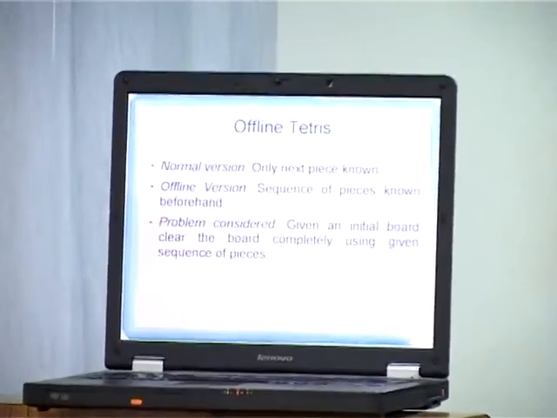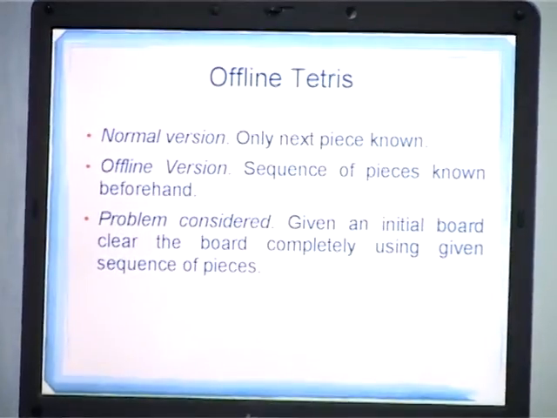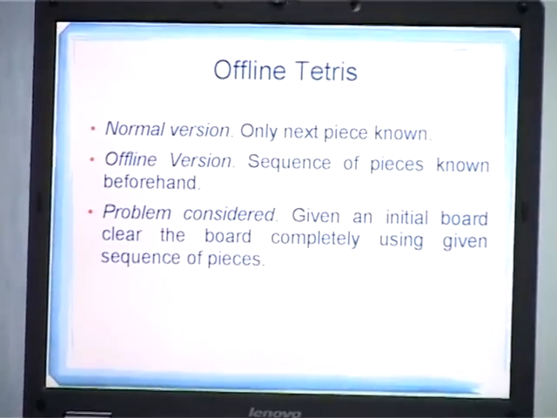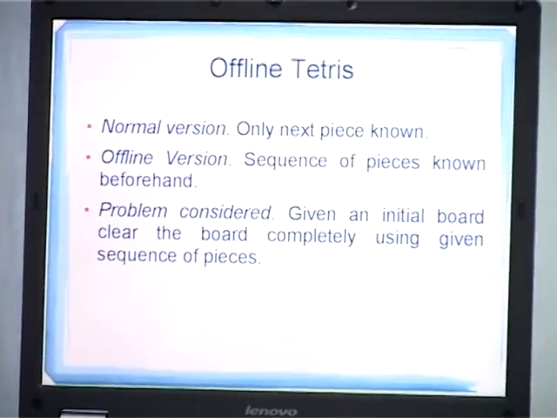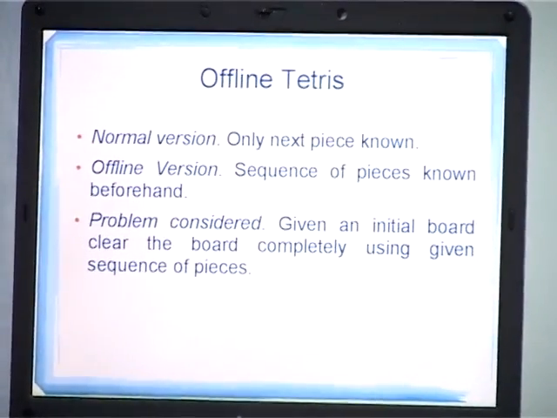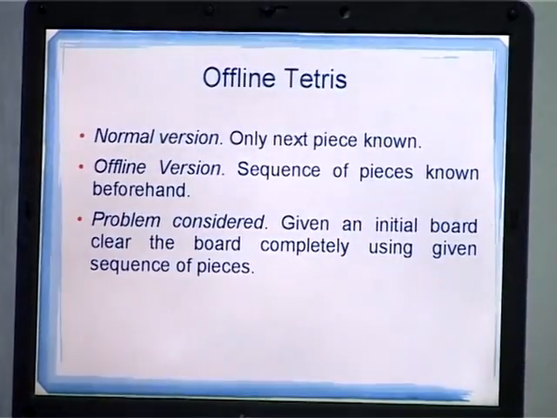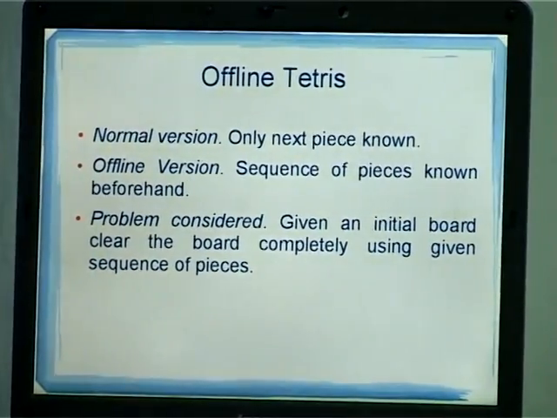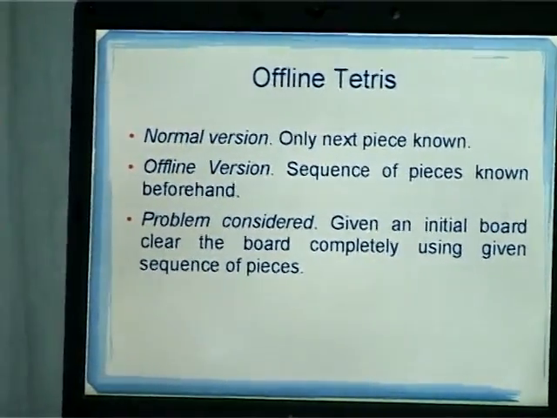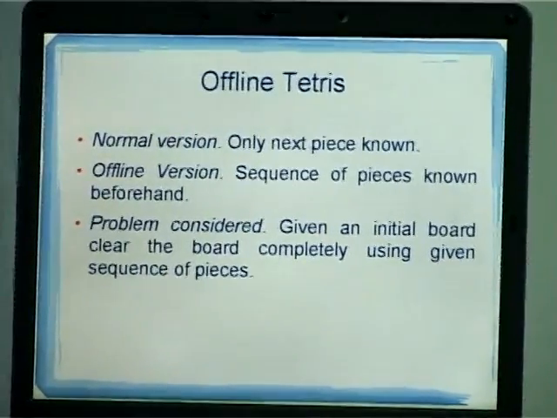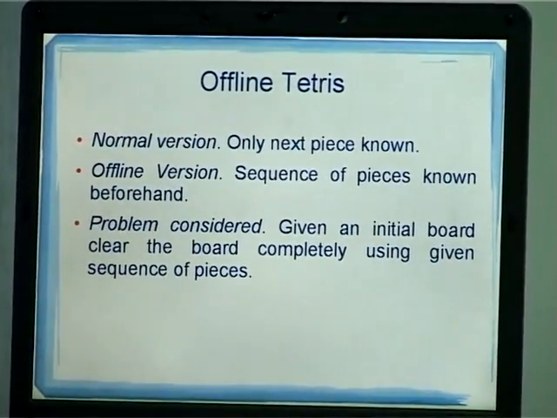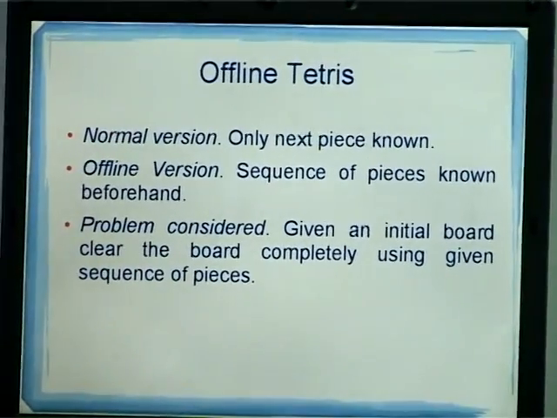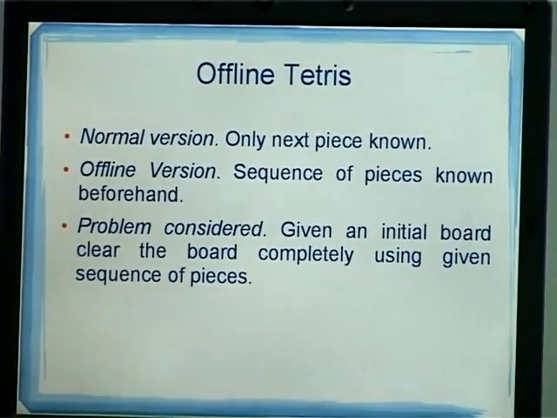But you can make an offline version: given an empty starting board and certain pieces in a certain sequence which you have to arrange, you want to maximize the number of rows cleared. So it's a simple packing problem. Given these shapes, you have to arrange them using rotations and translations. That is it.